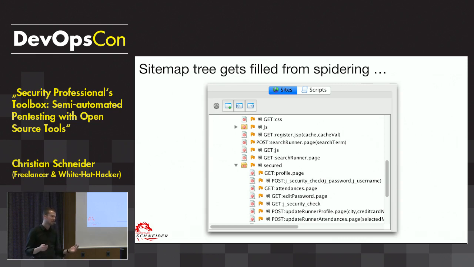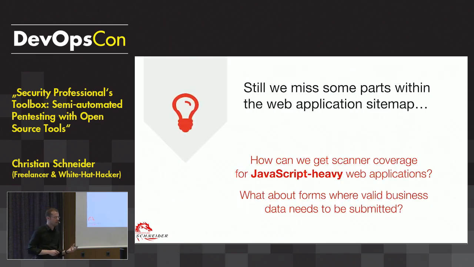That's a typical spider or crawler problem, where many areas of your web application might not be in the sitemap, because you're using JavaScript-heavy applications where the spider is simply not capable of executing and finding all those links. Taking this to the extreme, this would be a single page HTML application with a REST backend, where the spider will not get all those different requests.